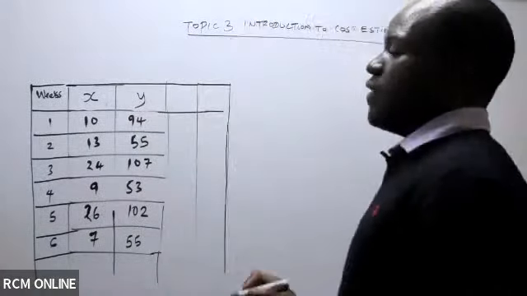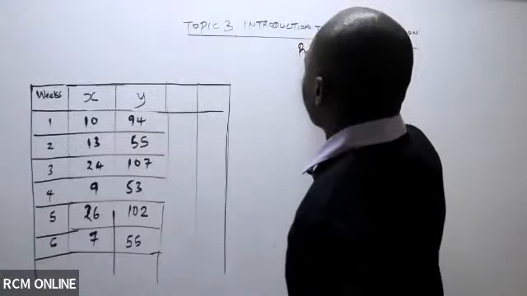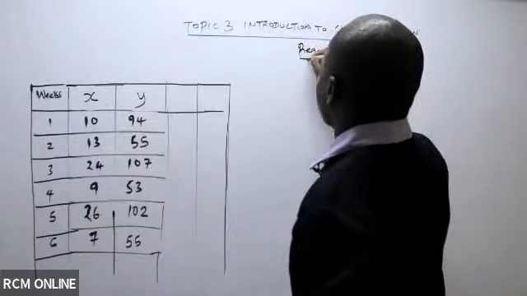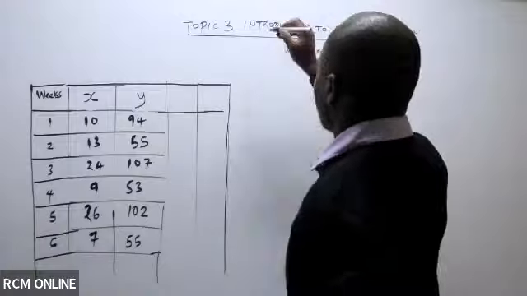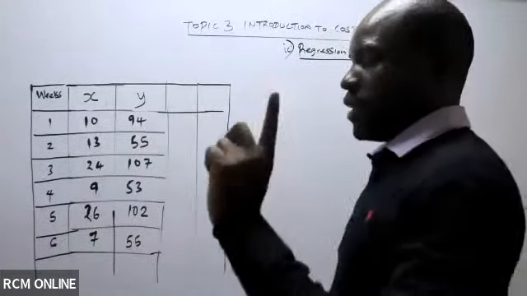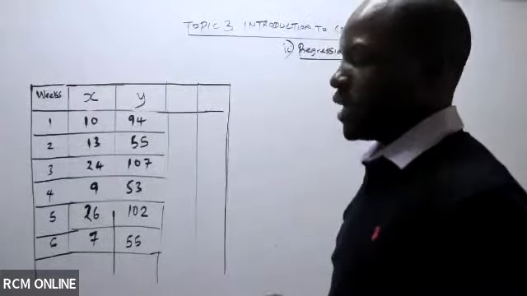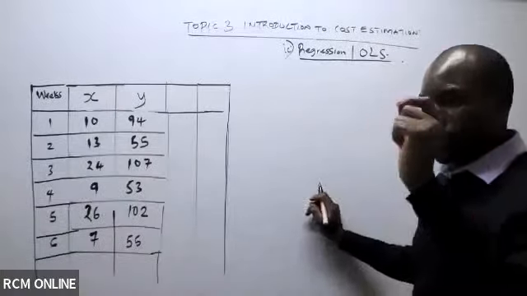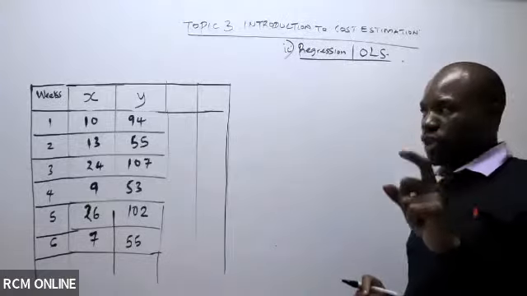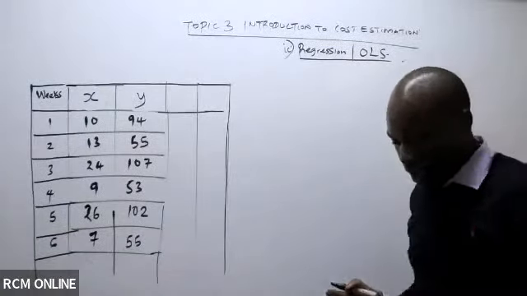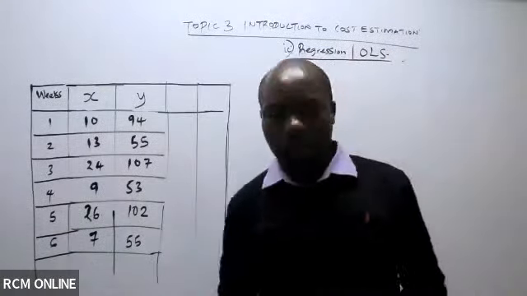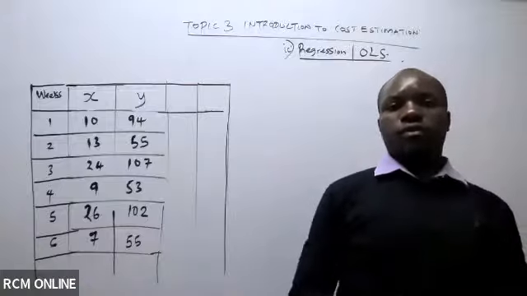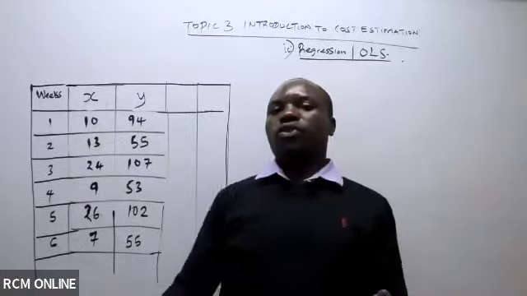Good. Now, even under regression or ordinary least square method, that is method number 2, there is no single question that will be given to you whereby the examiner will be indicating this is X, this is Y. No, it is upon you to read and identify what will be used as X and what will be used as Y. So if you read that question carefully, you'll be told that units produced determines what production cost will be.